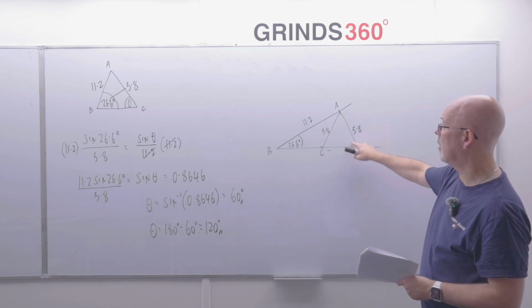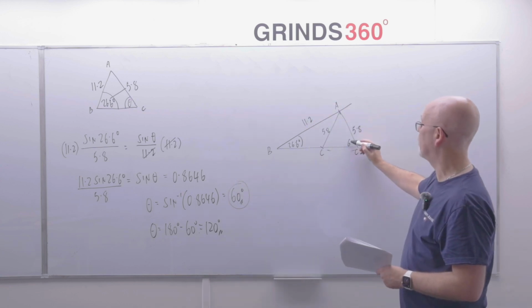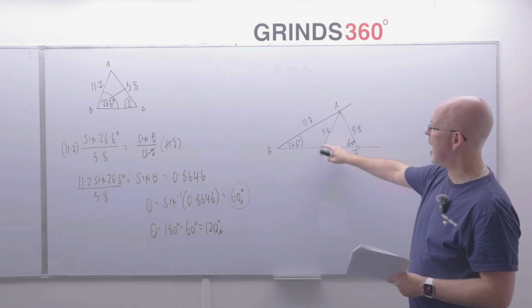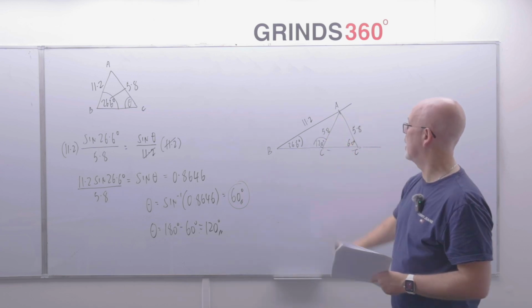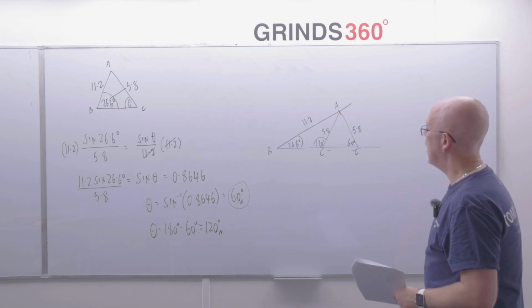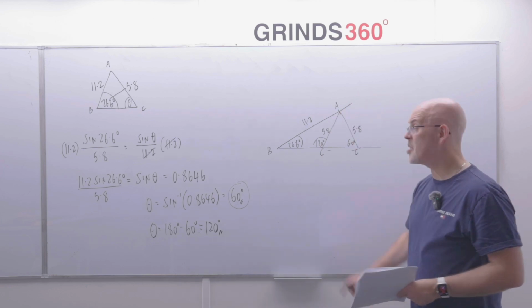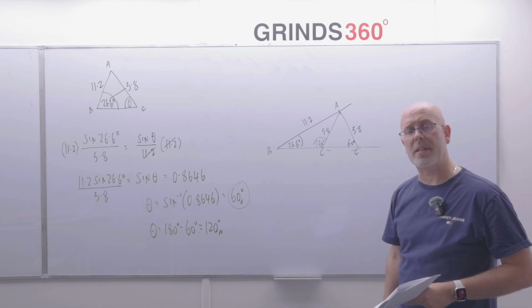If C is here, then obviously that's the acute angle, the 60 degrees there. And then this angle out there is the 120. So there's the acute one and the obtuse one. That's just a very rough sketch, two different locations, both places where the point C can live.